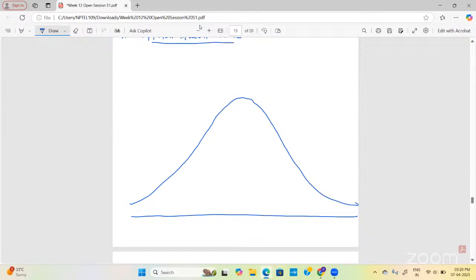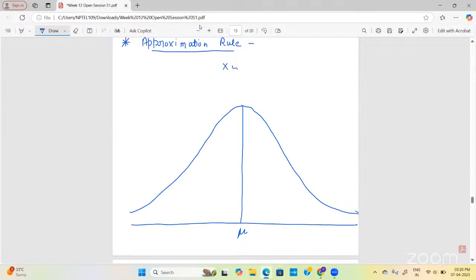Again, this is our x-axis, and I'm making a bell-shaped curve. This is our x equals mu line. This is mu. Now you can see that x is following normal, mu comma sigma square.